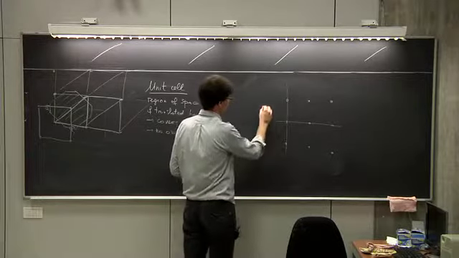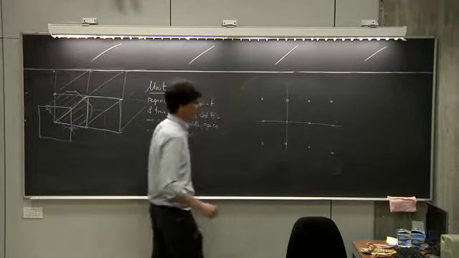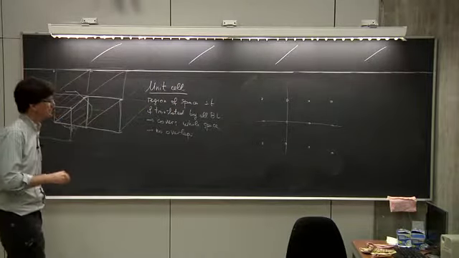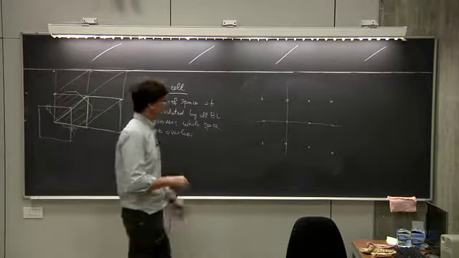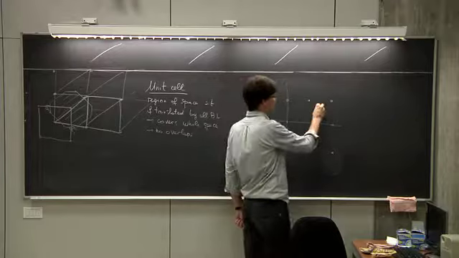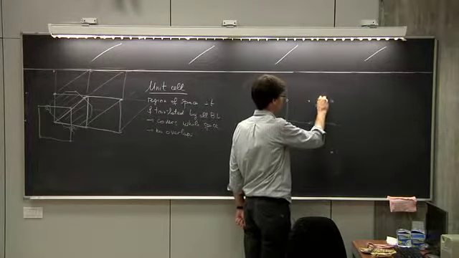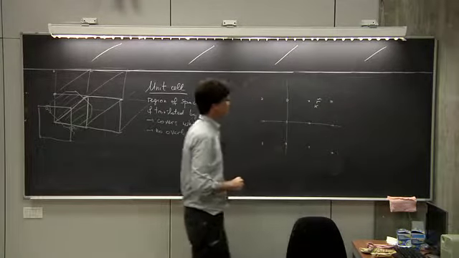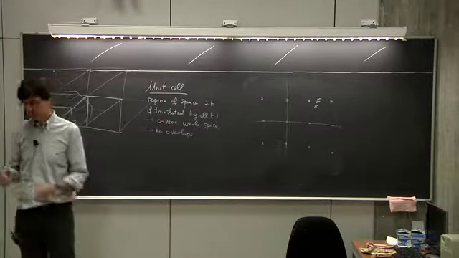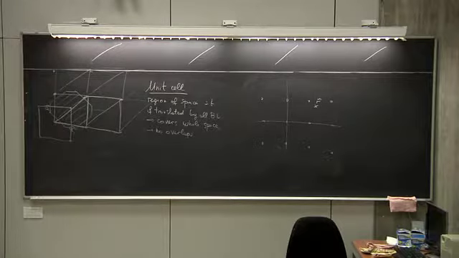Let me use the simpler example of a square lattice as usual, and let me take an arbitrary point in space, say this one. Let me call it R. It's not a Bravais lattice point. It's a point in space.